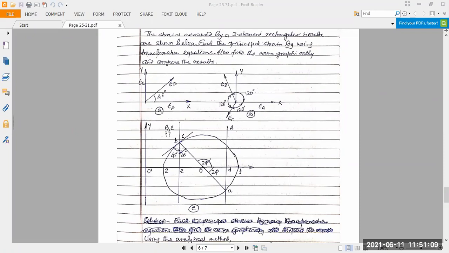Where both B and C are of the same value, this line will coincide on the same line, which intersects the x-axis at E, and A has a higher value, intersecting the y-axis at D itself. This is all about the x-axis itself. Now, the reading of strain gauge C.